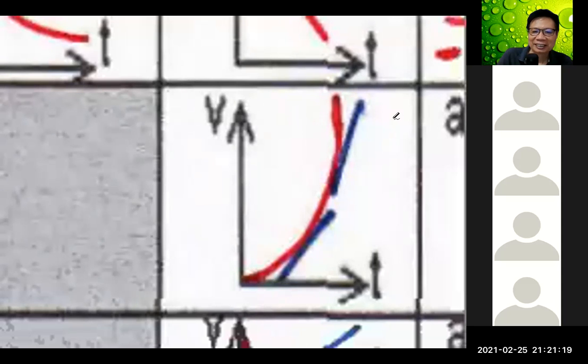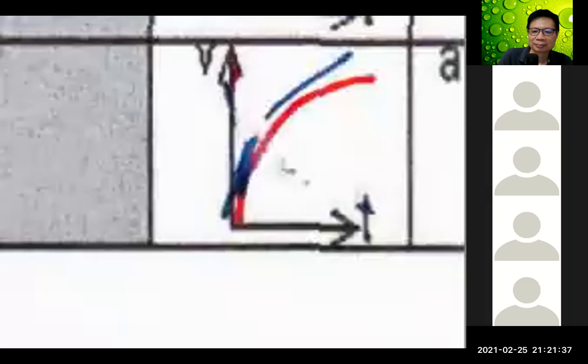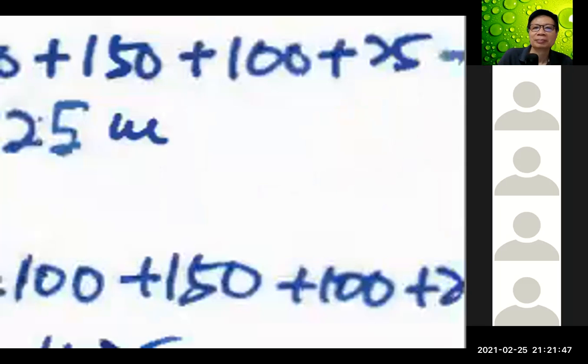Increasing acceleration. Yes, good. Next one, Jiu Mei Jin. Ready? Now you tell me this one is what? Decreasing acceleration. Okay, good.